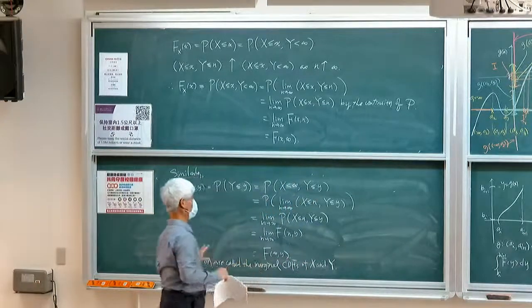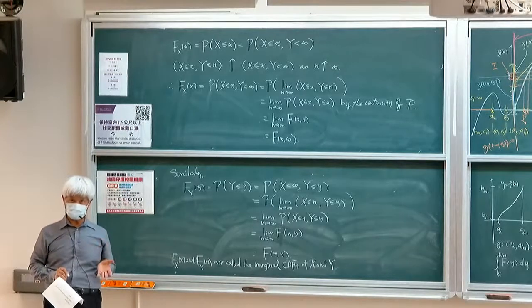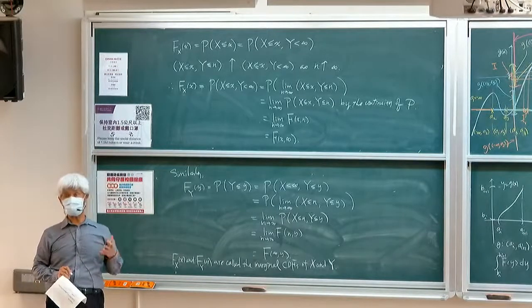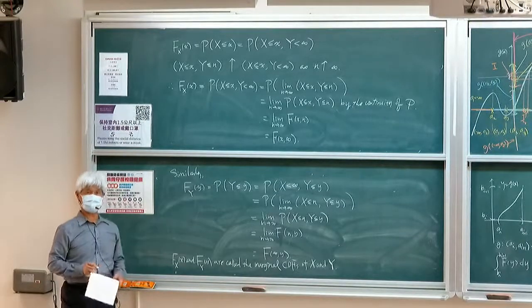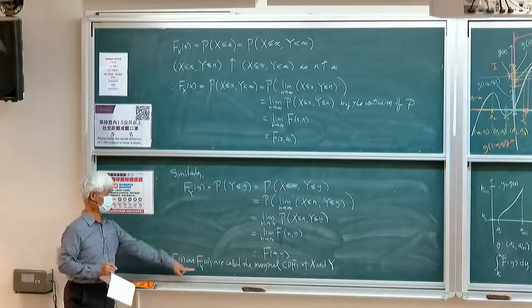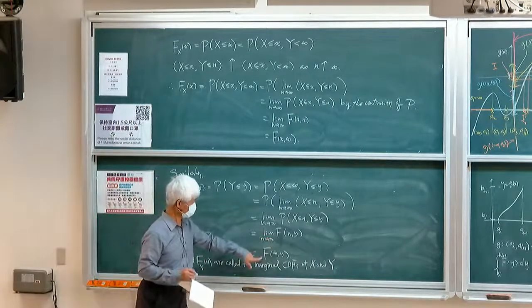Okay, so from the joint CDF of two random variables x and y, we can evaluate or compute the marginal CDFs of x and y. These two marginal CDFs. Very quick, right? Just taking the limit like this one.